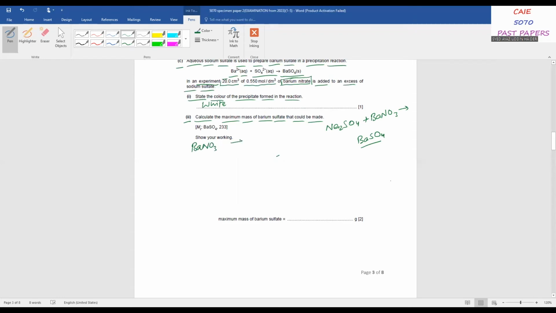So if you know the number of moles of Ba(NO3)2, then you can easily predict the moles of BaSO4, because it should be equal to Ba(NO3)2. 1 mole gives 1 mole of barium sulfate. So first, we will calculate the number of moles of barium nitrate.